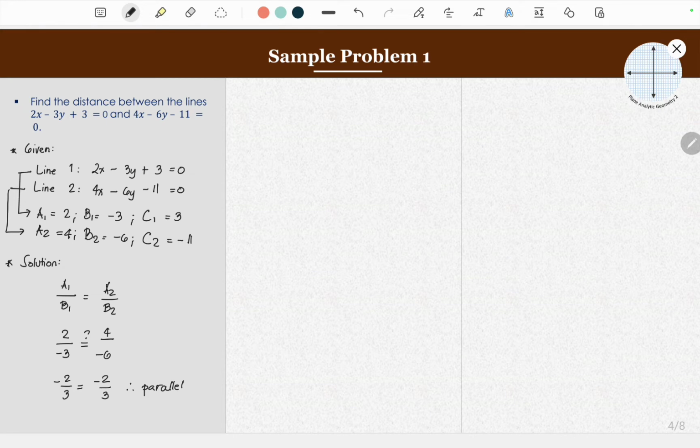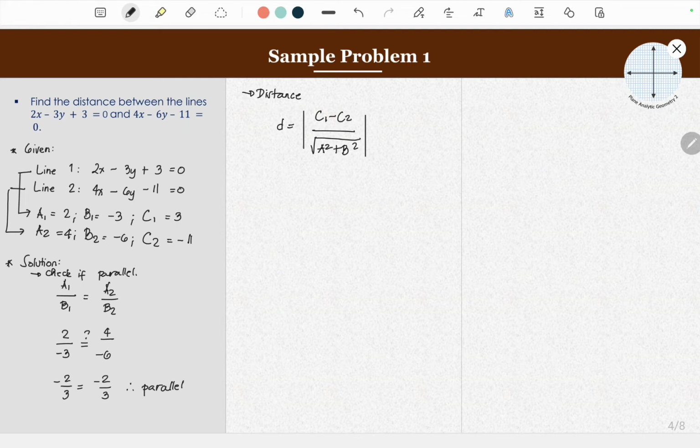Next, let's solve the distance between these two parallel lines using the formula d is equal to the absolute value of c1 minus c2 over square root of a square plus b square.